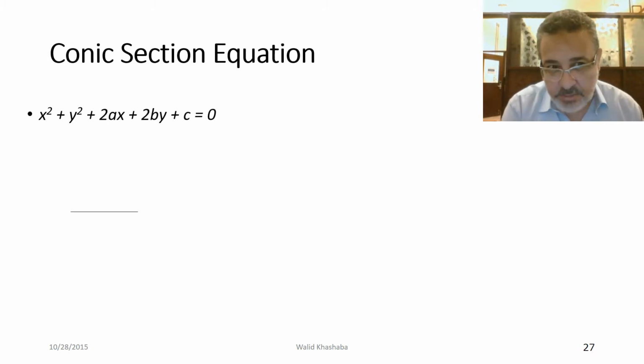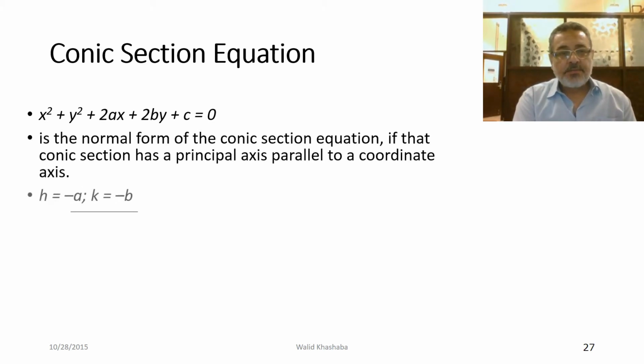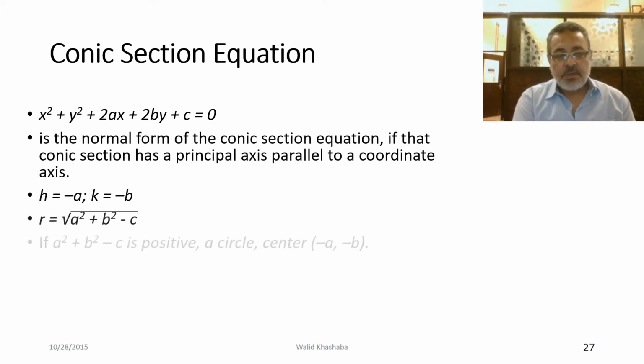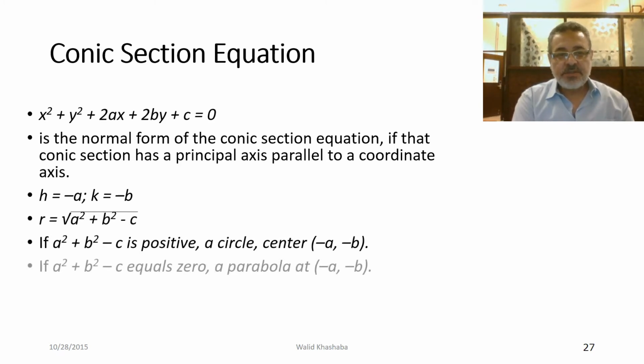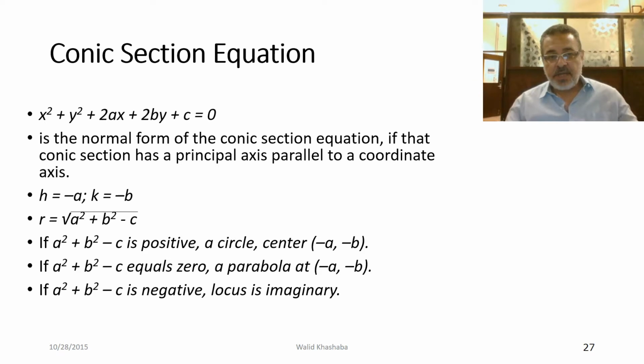These expressions, I mean a squared plus b squared minus c, are just to determine the center of the curve, whether it is on the x-axis, because it has a principal axis. Any figure of these has a principal axis.